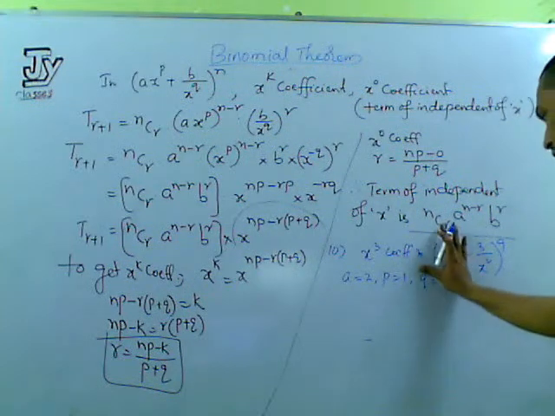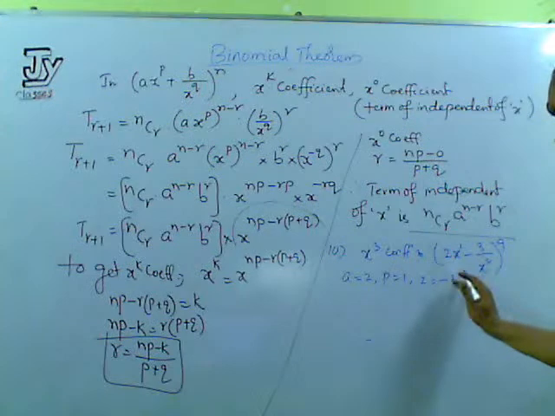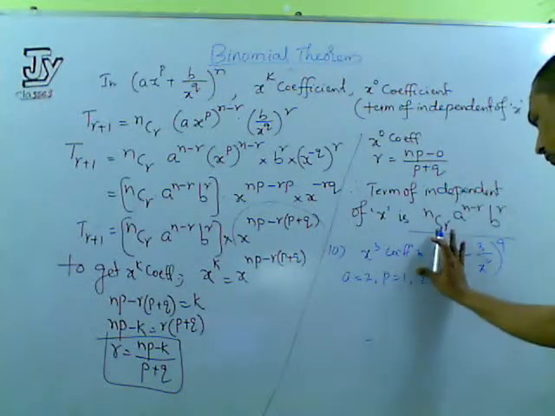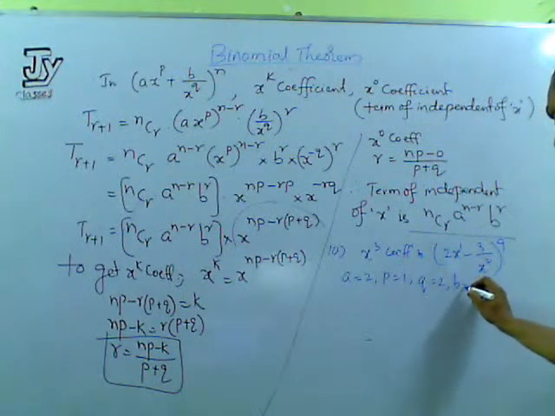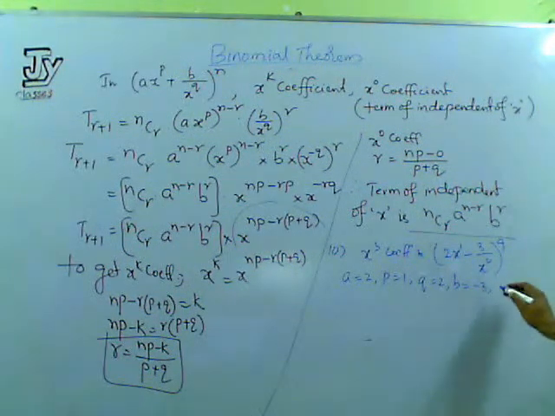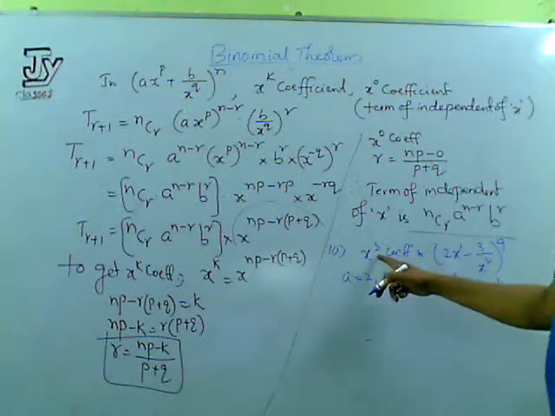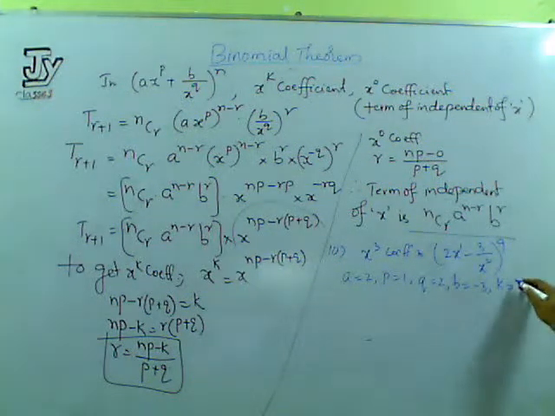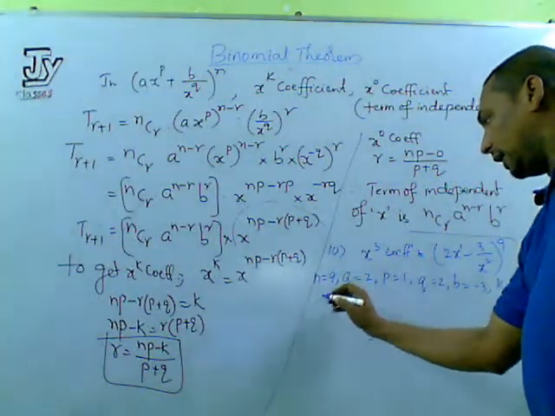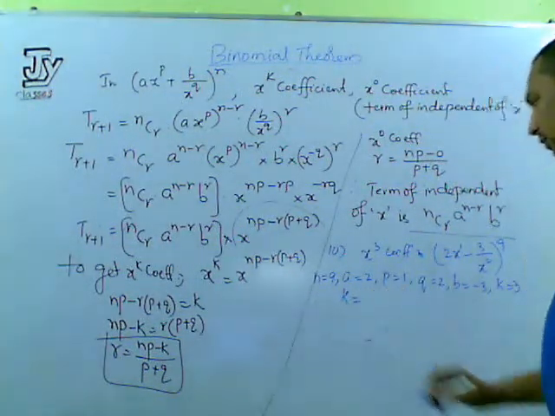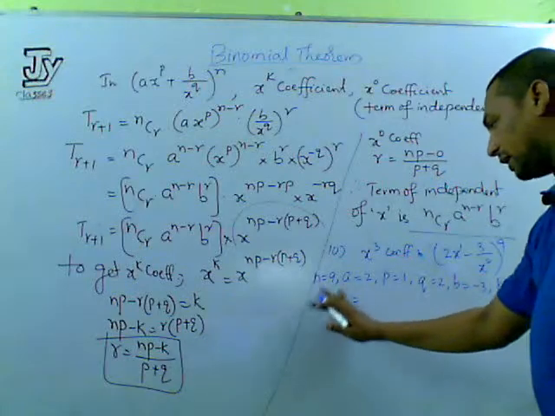Minus 3, sorry, 2. Q value 2. What is b value? Minus 3. What is k value? Which term we have to find? x power 3 coefficient. So 3. What is n value? 9. What is k value? 3. What is r value?